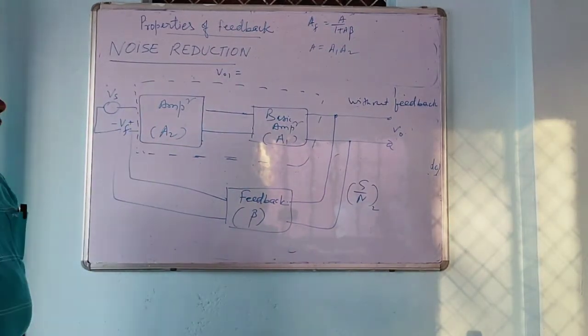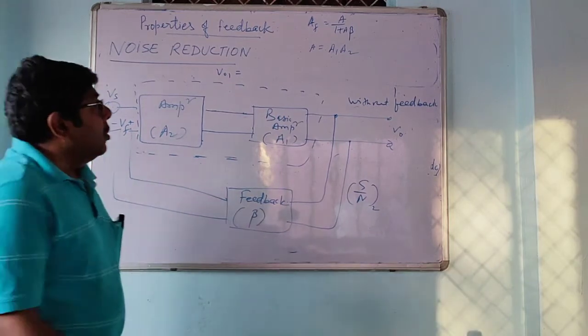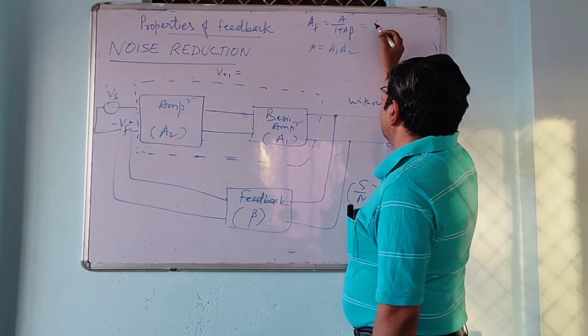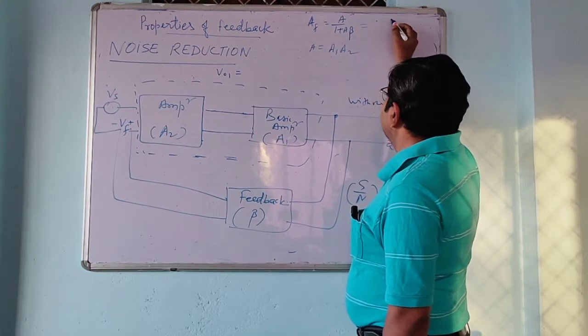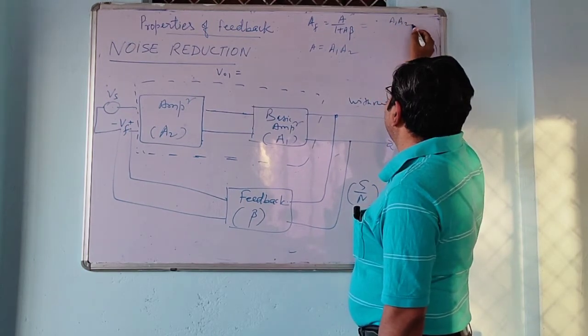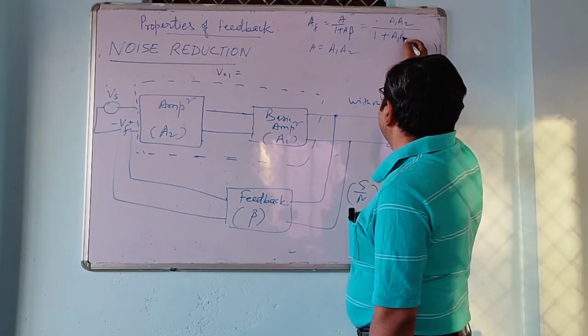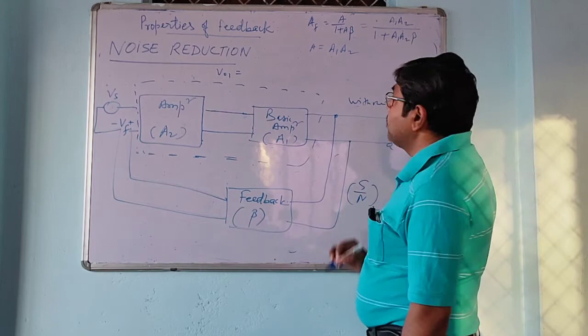So gain is given by A1 into A2. So now we can calculate this. What is the value of this? A is A1 into A2 divided by 1 plus A1 into A2 into beta.